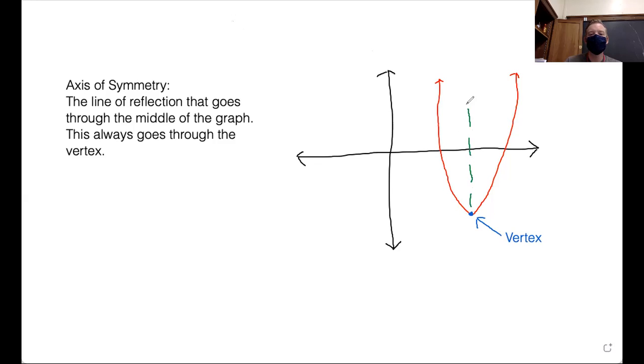This green dotted line should divide our graph in half exactly. So both sides can reflect onto each other. This green line right here, this green dotted line, this is called the axis of symmetry. And since it always goes through the vertex, it's very, very easy to find once you know what the vertex is.